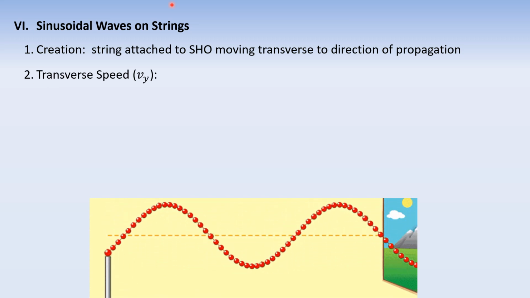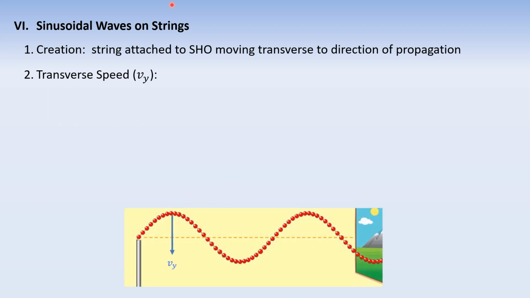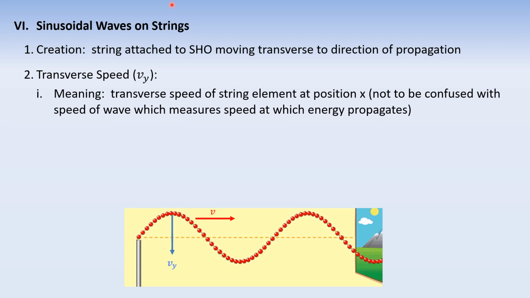We want to talk about the transverse wave speed, symbolized v sub y, in the medium. What do we mean when we talk about the transverse wave speed? Well, as this picture will illustrate, the transverse speed of a string element at a given position on the string represents, as I'm showing you here, if I look at this particular little bead on our string, this bead at a specific position x simply moves up and down in the vertical direction as the wave propagates through the medium.